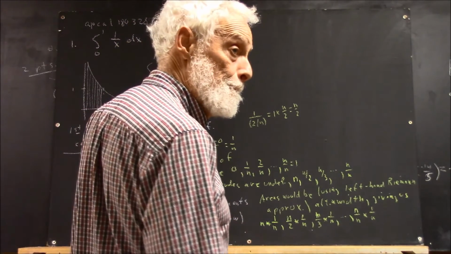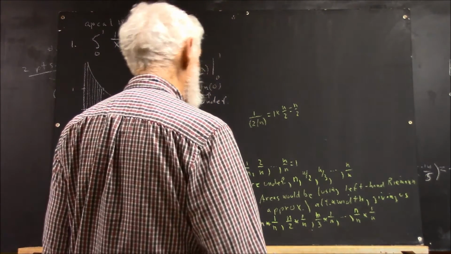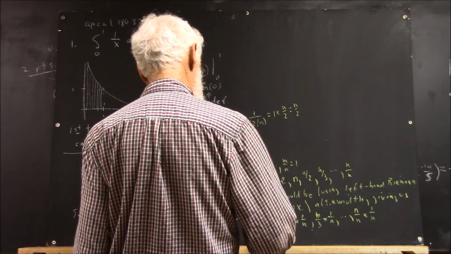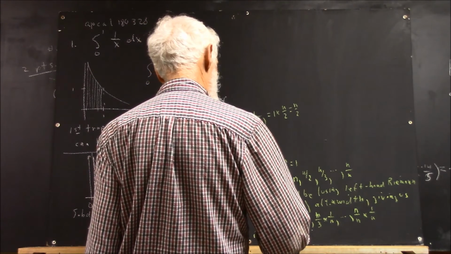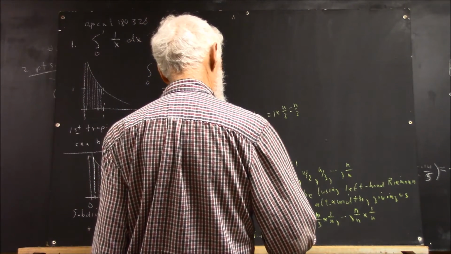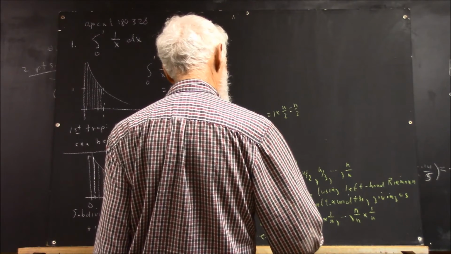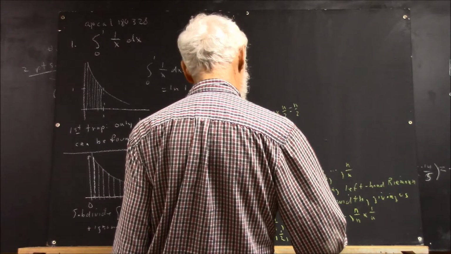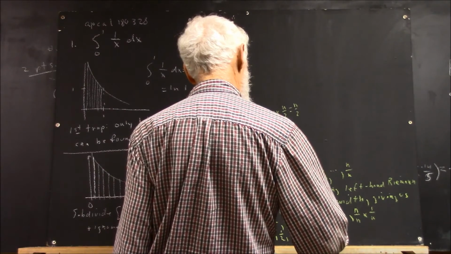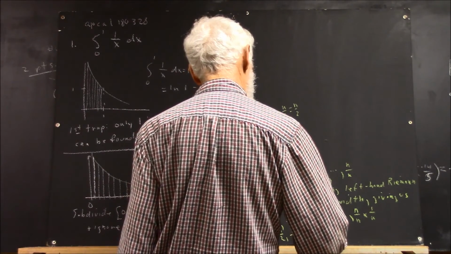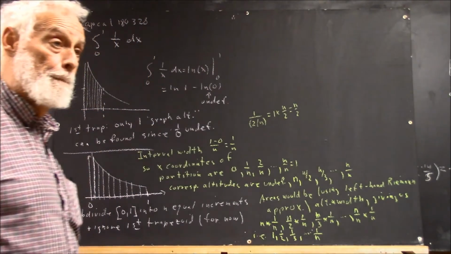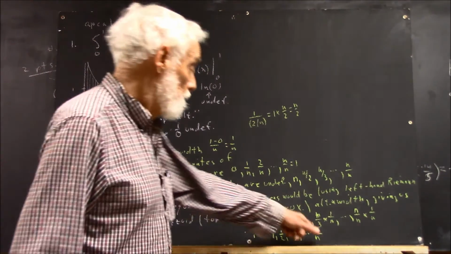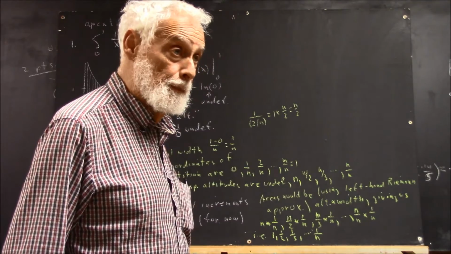And of course that would be 1, 1/2, 1/3, all the way down to 1 over n, right? So the total area would be the sum of all these.